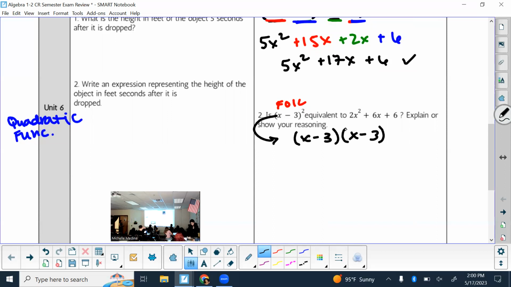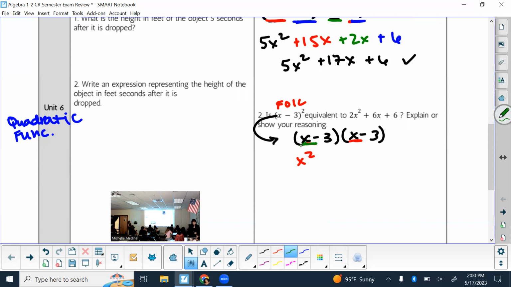Because what do exponents tell us to do? Times whatever it's attached to by itself however many times the exponent says. So then, yeah, I have to expand it first, and then I can FOIL. So multiply your first terms, x times x. And I can already see that these are not going to be equivalent, it's not x squared, but keep it going.